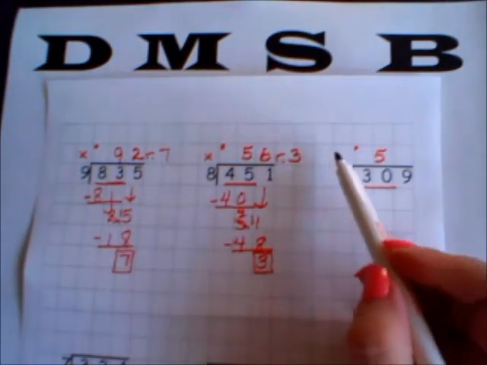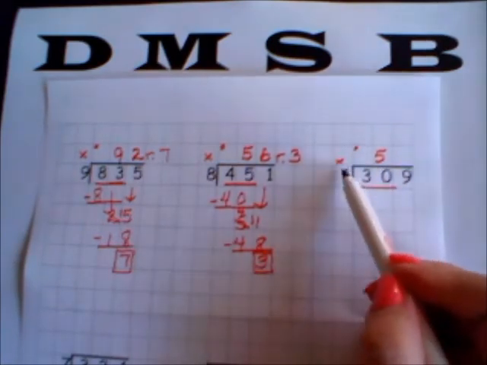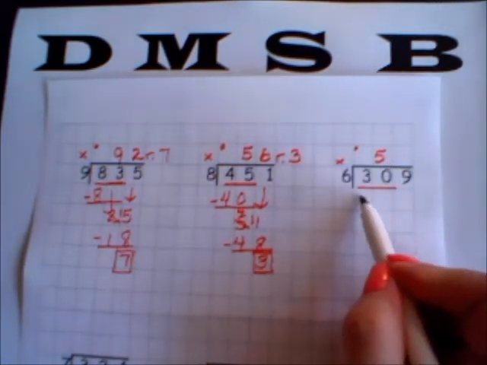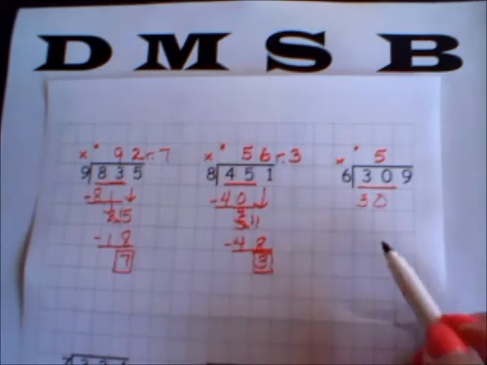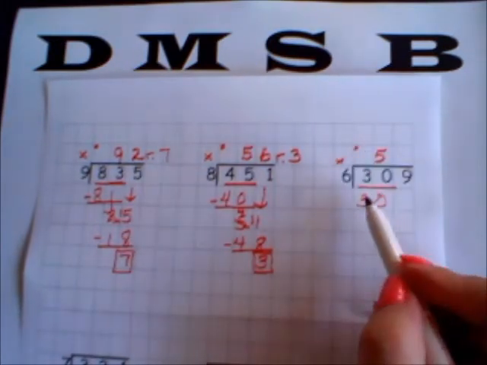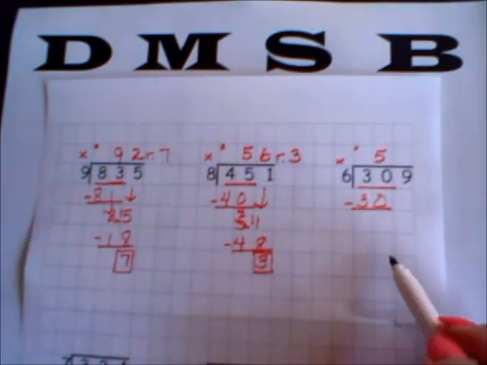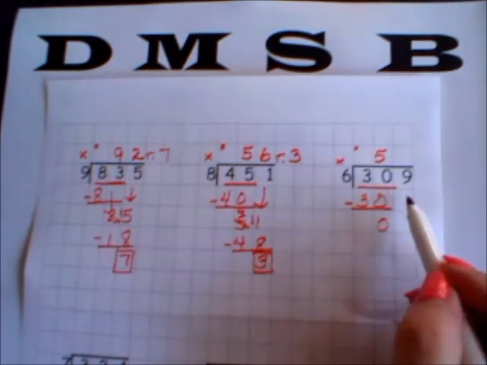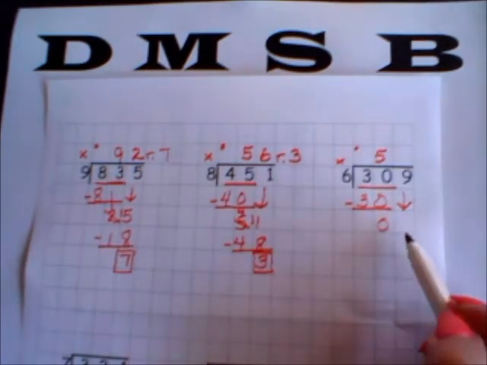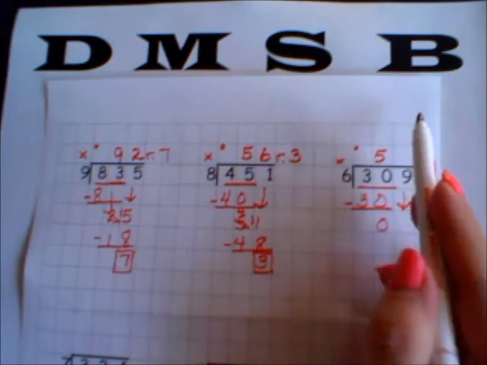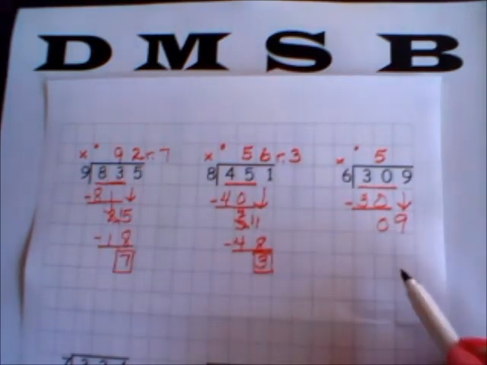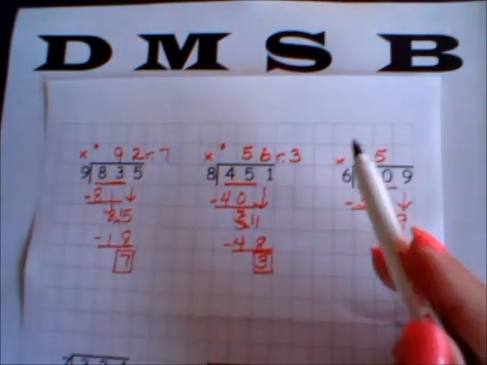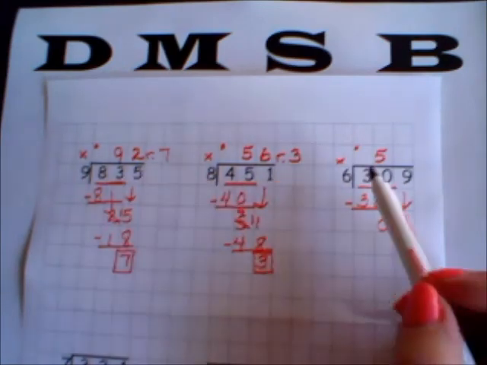We're multiplying. 5 times 6 is 30. Now we subtract. 30 minus 30 is 0. But we have to bring down our next number, right? Bring down our 9.